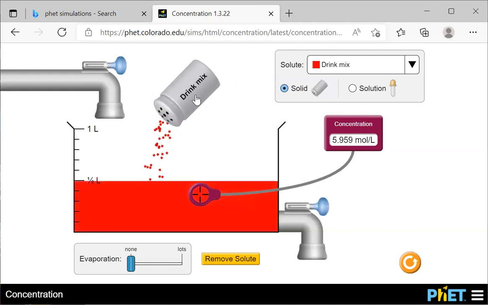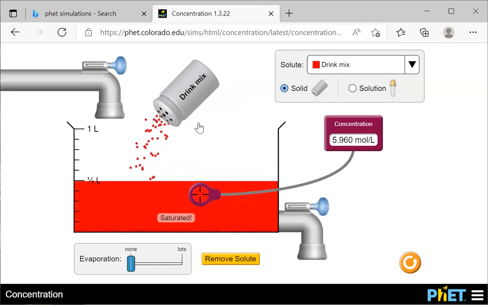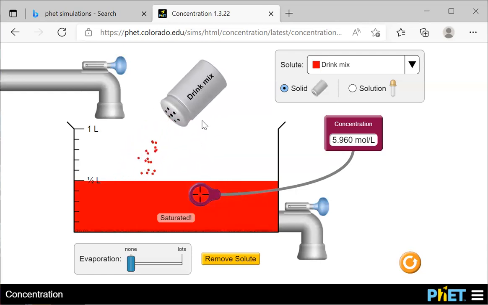We see that the color gets darker. And look, there is a message inside of our container. It says saturated. And it doesn't matter if I continue to add drink mix, the concentration remains at 5.960 moles per liter.